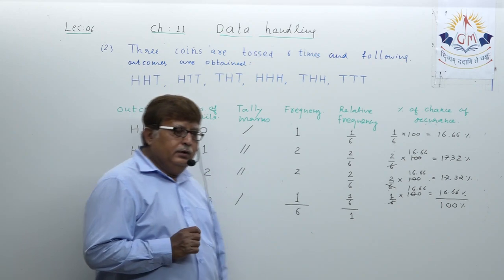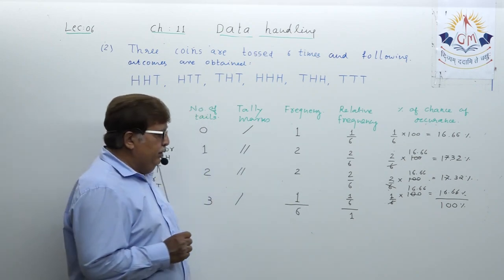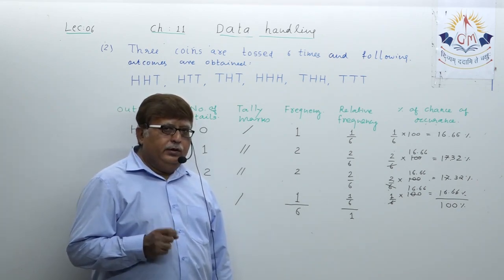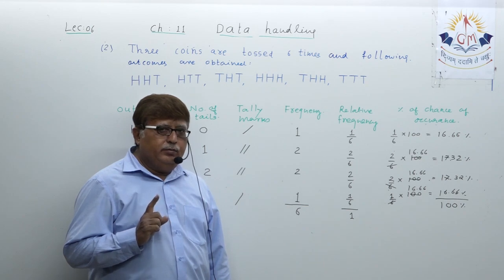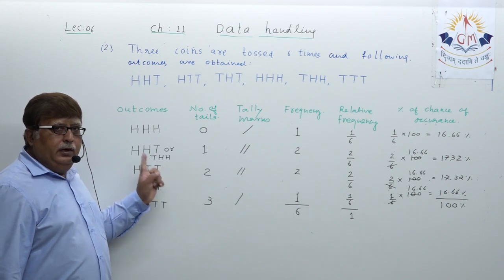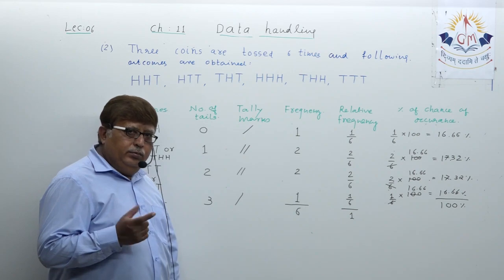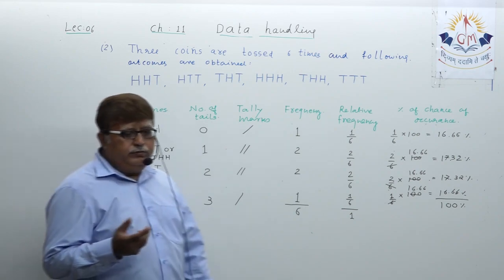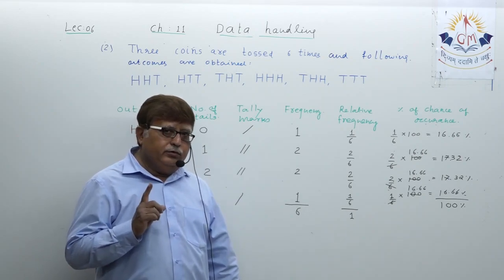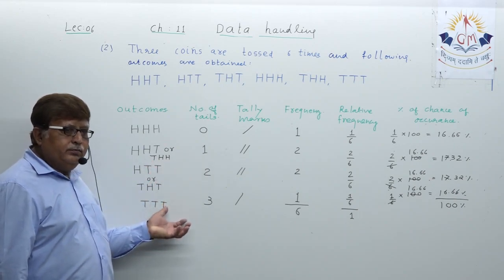Dear student, whenever you are given any such type of homework, you have to be very conscious about one thing. This is very important: how to place the outcome. Maybe you are given a simple sum regarding number, but at that time also, how to list out the outcome.